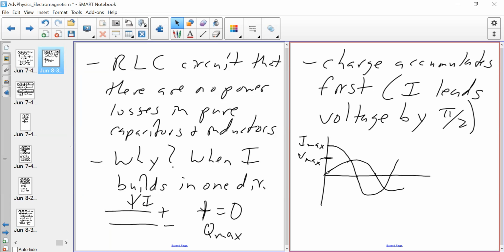Current comes in first, no voltage, it builds it up, charge is built up at a time when there is no current, there's no current in the capacitor. And then after that, we get a discharge, and then we have current flow throughout the line, and then the voltage is going to be minimized in that case.